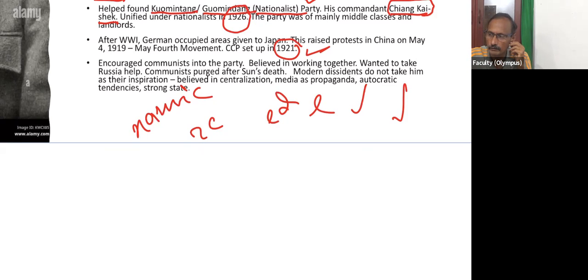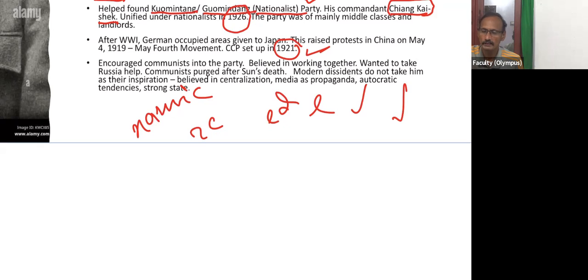And the Nationalist Party's main base was middle classes and landlords, whereas the communists were more favorable to peasants, workers and the lower classes. So many nationalists could see that the communists were their real enemies. But Sun Yat-sen did not think so. So as long as he was there, communists were closely associated with nationalists.